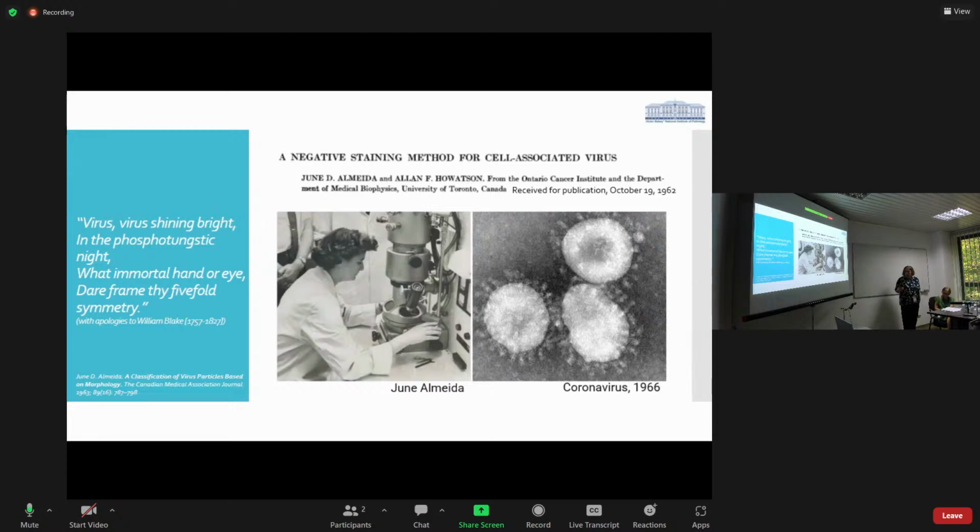June Almeida is one of the researchers who was interested in viral classification, and she wrote a paper on this technique, negative staining. This is her image taken in 1966, showing a coronavirus of unknown, zoonotic origin.